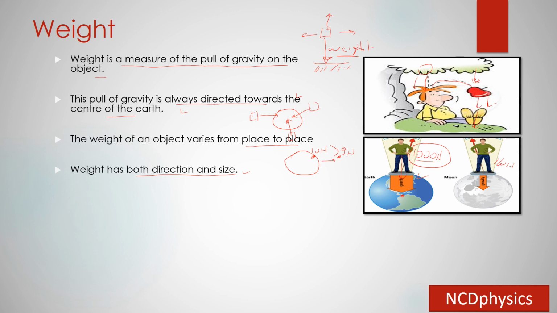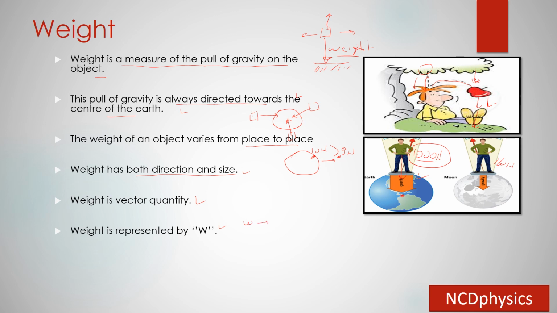So that's why weight has direction and size. Weight of an object is always towards the center of earth. So weight has a direction, that's why weight is a vector quantity. Okay, and weight is represented by W. Okay, W is the symbol of weight.